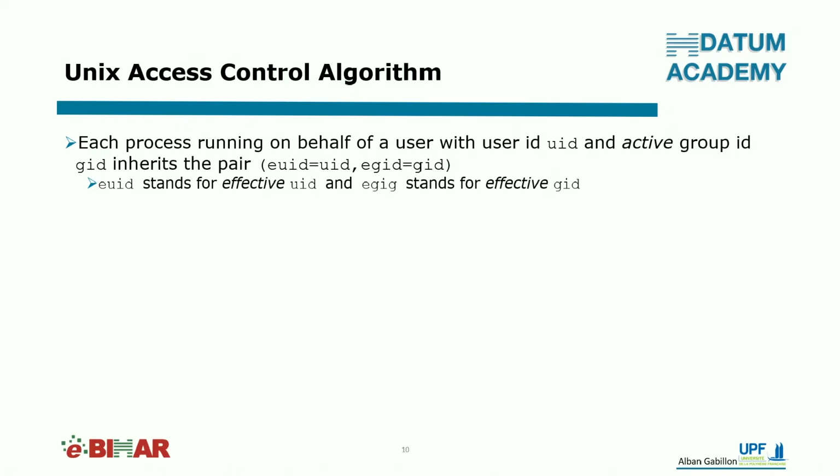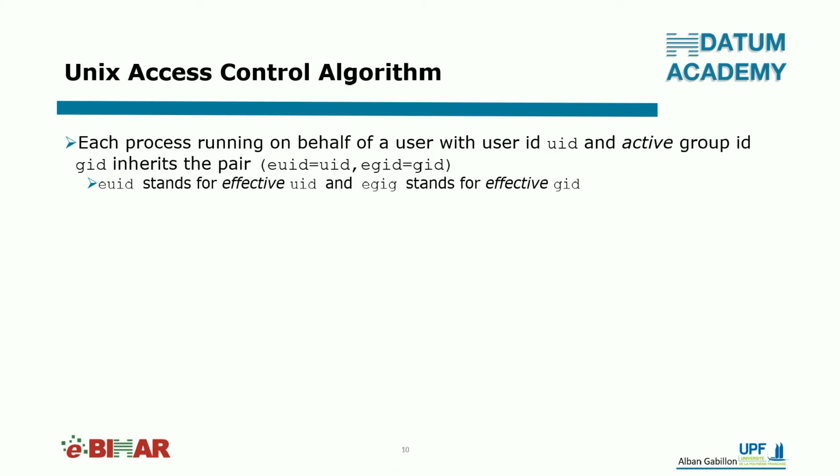You know that when a program executes, it becomes a process. And generally that process inherits the privileges of the user who created the process. So how does this inheritance mechanism materialize in the Unix system? It materializes as follows.